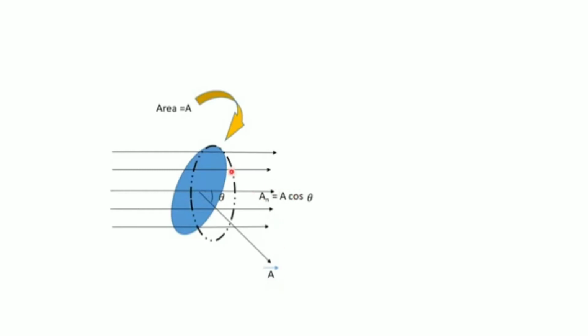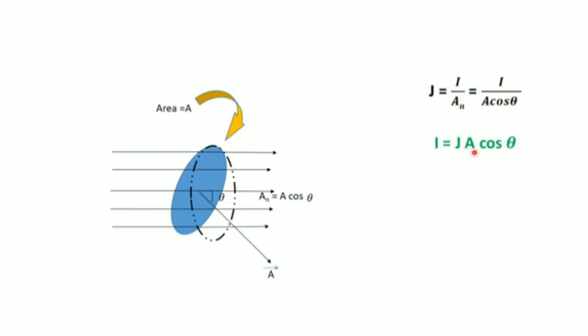Then J is equal to I by A cos theta. You can say what is the direction of current density vector? It is along the direction of flow of positive charge. So you can see J is equal to I by An, that is A cos theta. An is the component of area vector along the direction of flow of current, A cos theta.